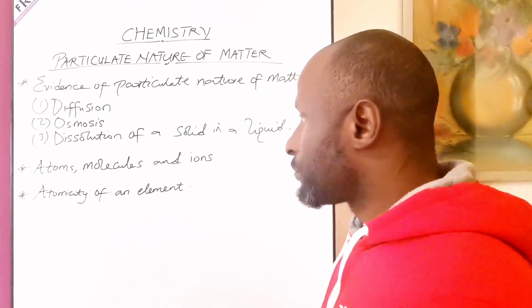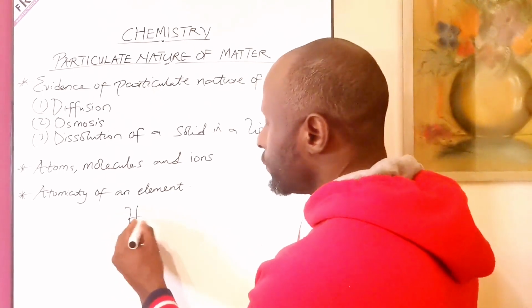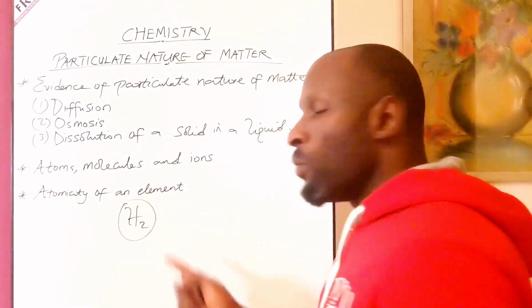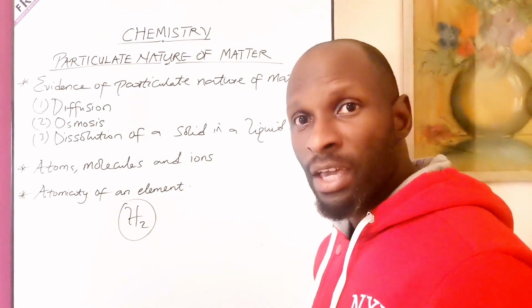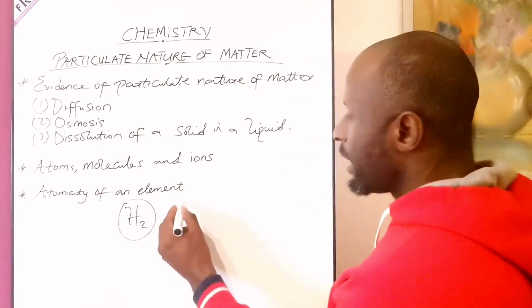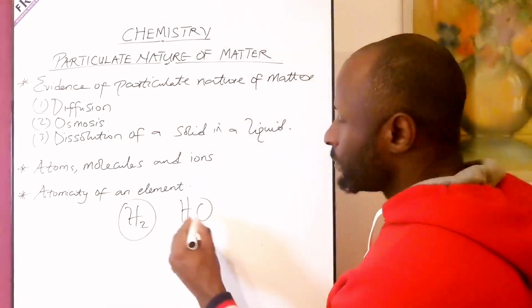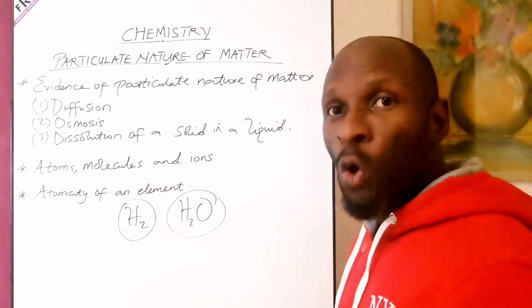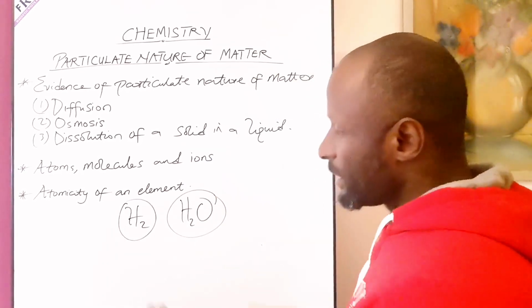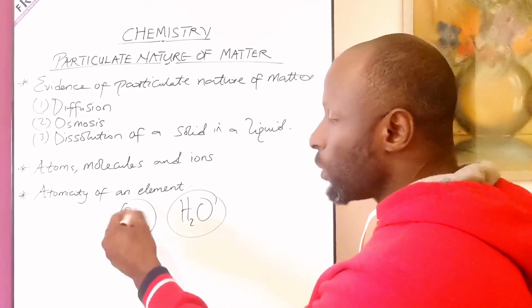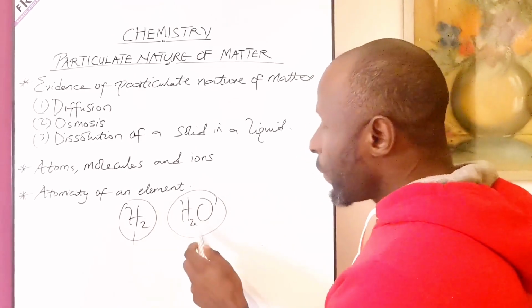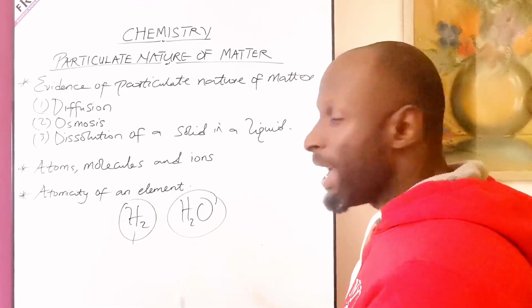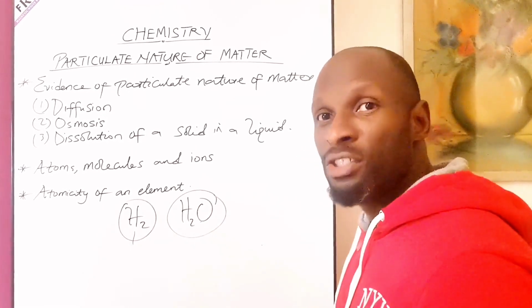For example, H2. This is a molecule of hydrogen. Okay? Good. H2O. This is a molecule of water. Here we have 2 atoms of hydrogen and 1 atom of oxygen.